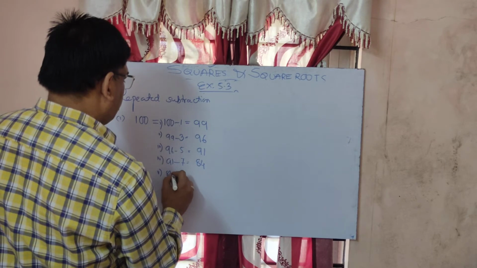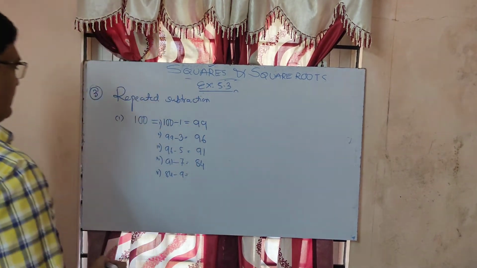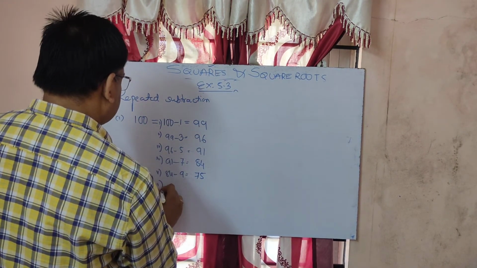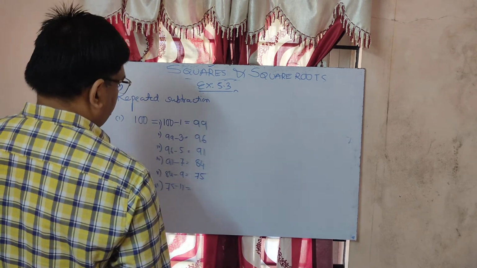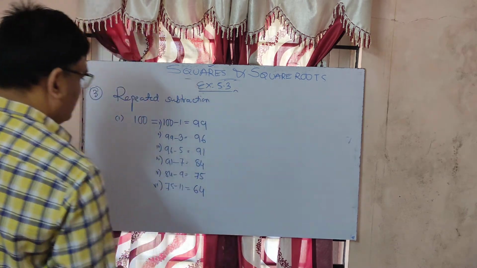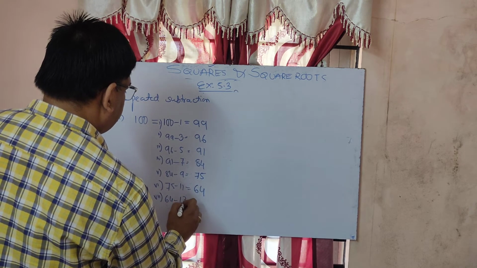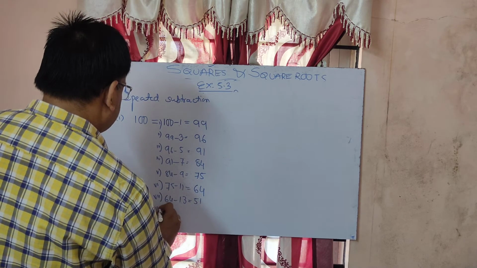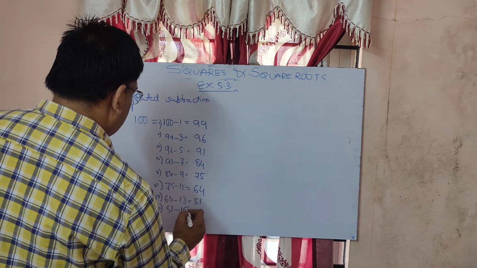Fifth: 84 minus 9 is 75. Sixth: 75 minus 11 is 64. Seventh: 64 minus 13 is 51. Eighth: 51 minus 15.